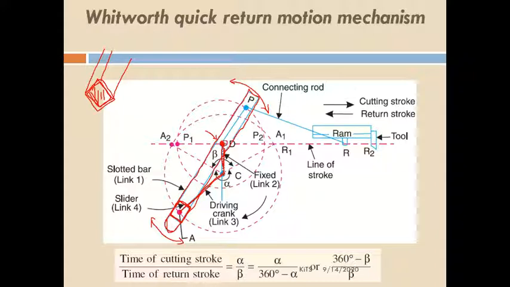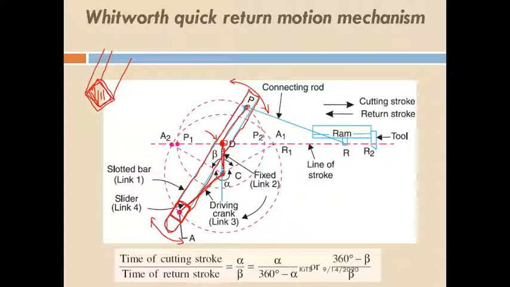Okay, so D to P. P is a point on the slotted bar.